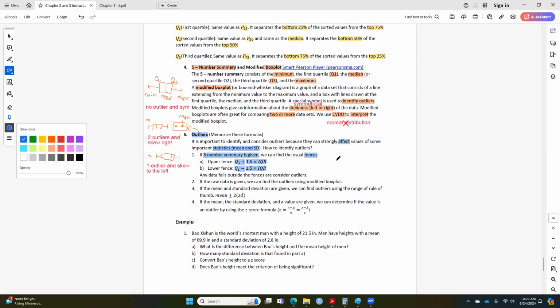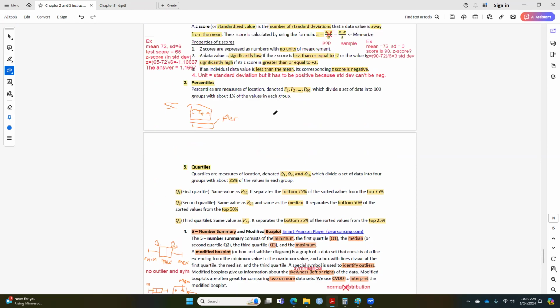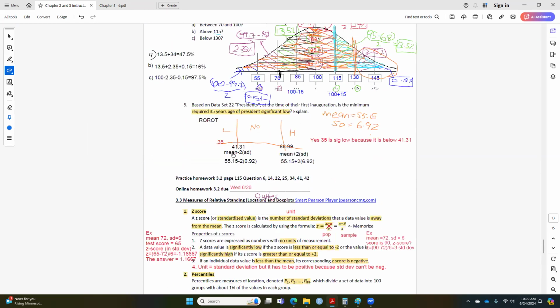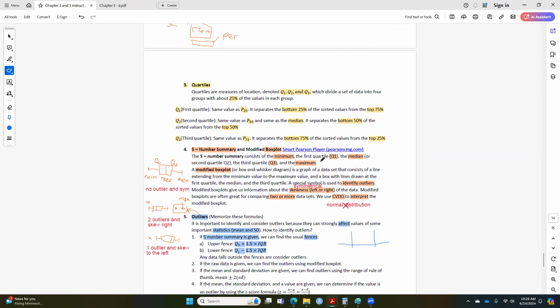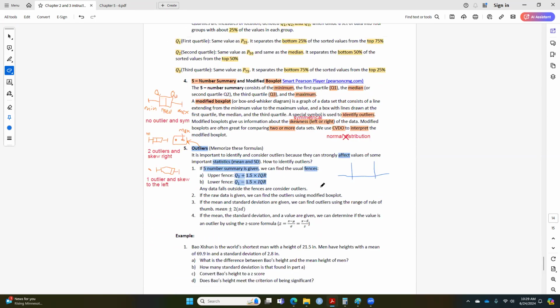Okay. So let me give you this 5-number summary. It's very different from the ROT that you guys use. If you remember the range rule of thumb, we take the mean plus or minus 2 times the standard deviation. However, for this 5-number summary, we don't use that. We don't have the mean and standard deviation, so we use Q1 and Q3.